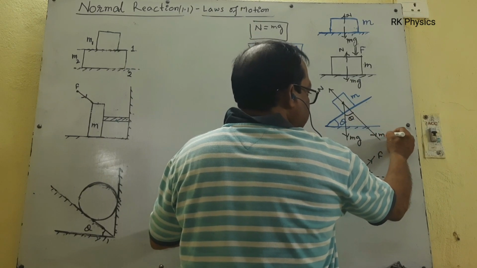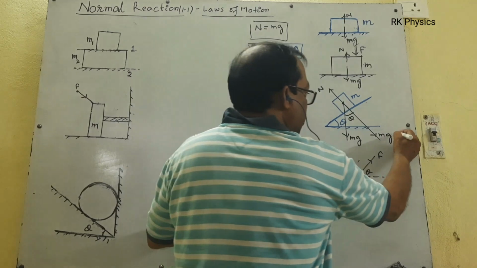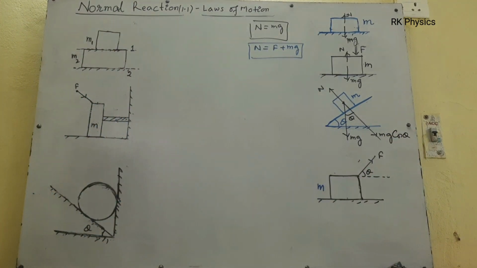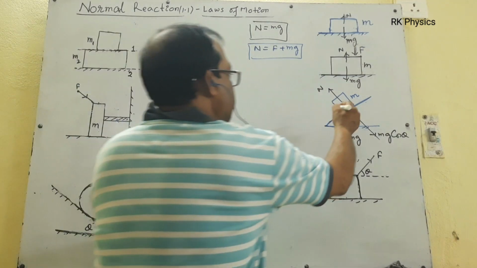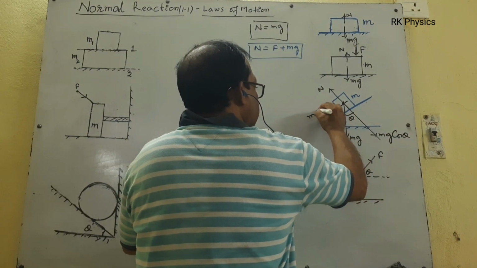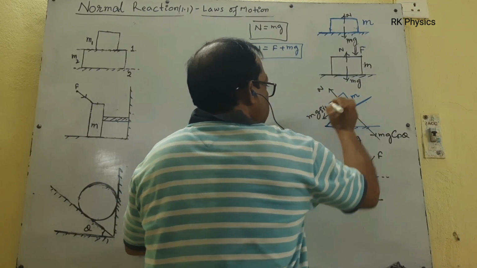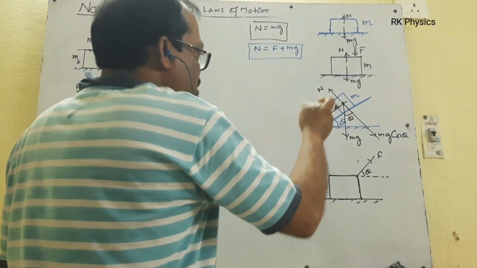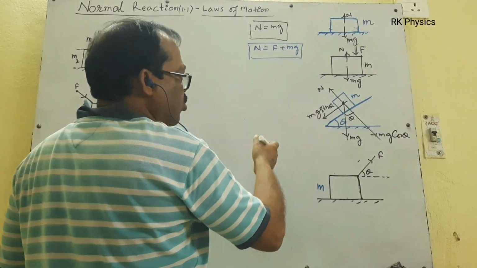If we resolve mg into components, the cosine component is opposite to N, and the sine component tends to pull the body along the incline, down the incline.